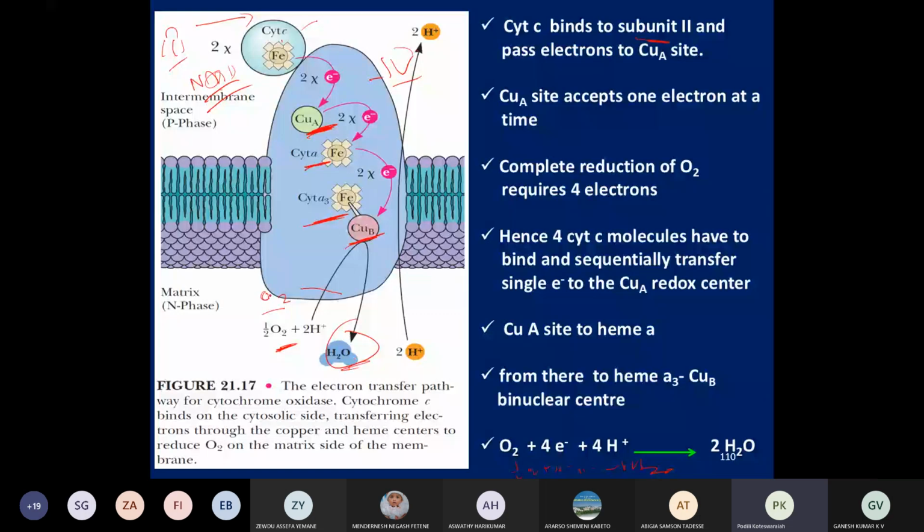Complete reduction of one molecule of oxygen requires 4 electrons and 4 protons. Therefore, for one pair of electrons, only 2 protons are translocated across the membrane, from the matrix to the intermembrane space.